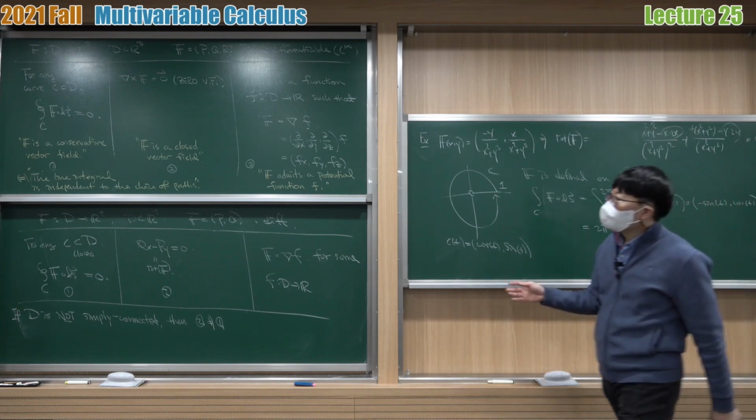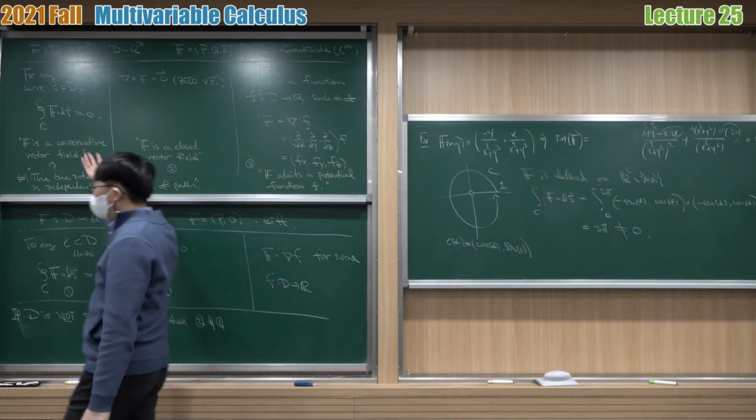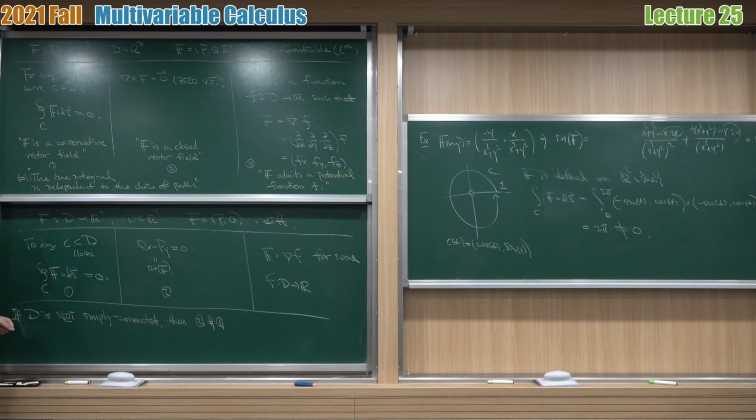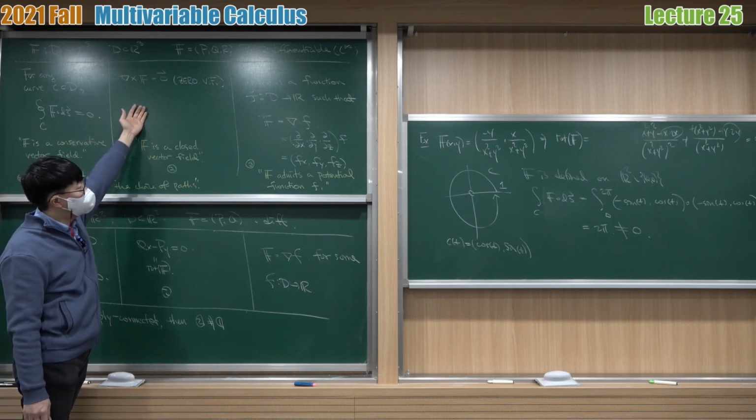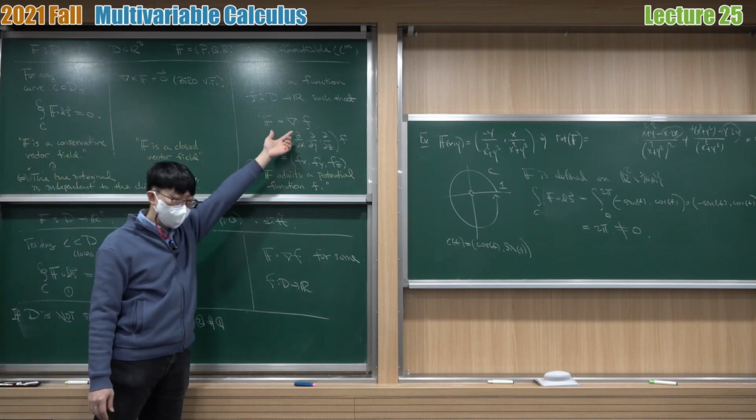So if you see that anything happens among these three, then you can always use the other one as the same condition. If you find out the formula satisfies that curl is always 0, then you can assume that there should be a potential function.